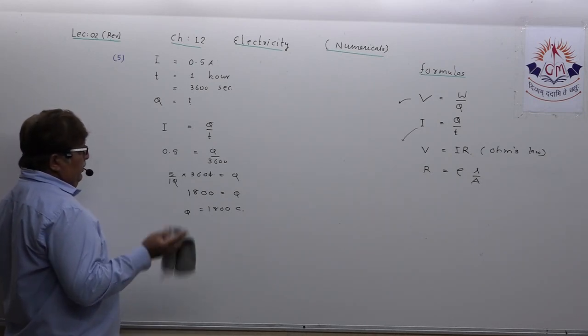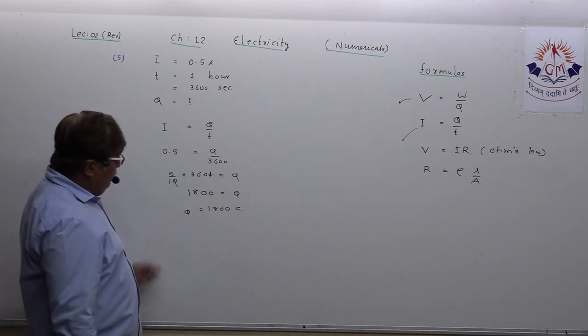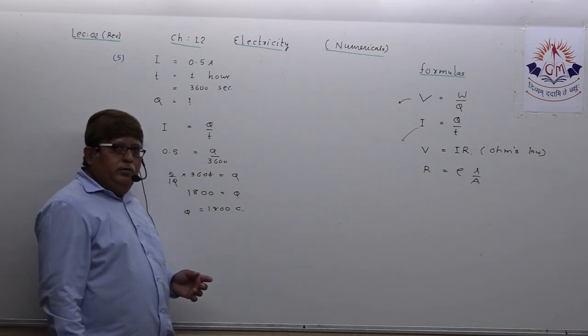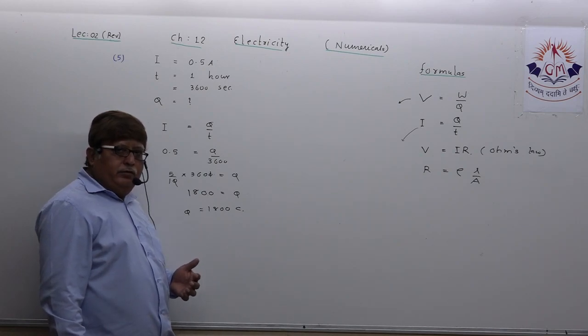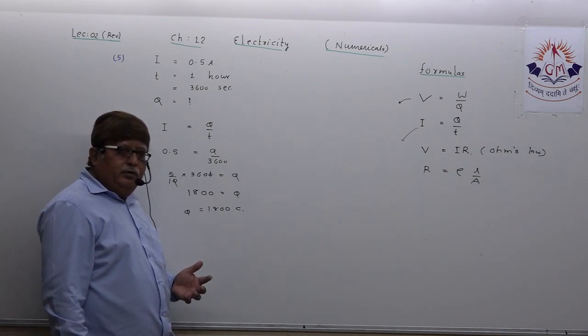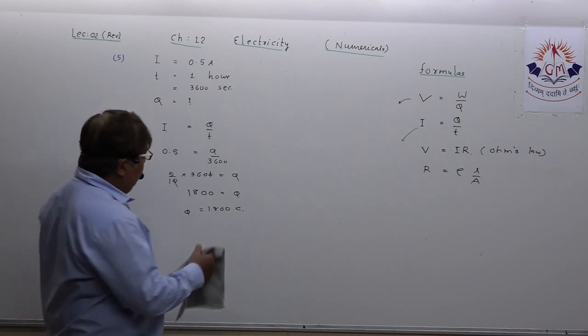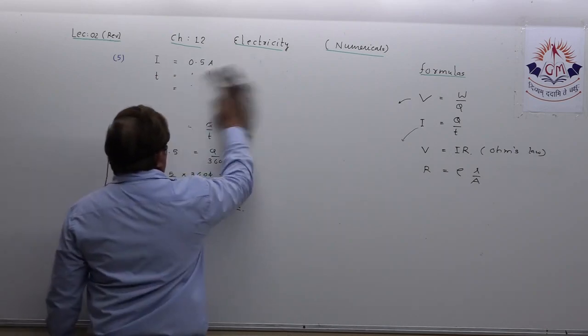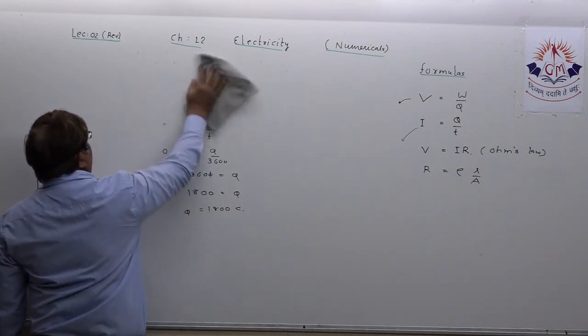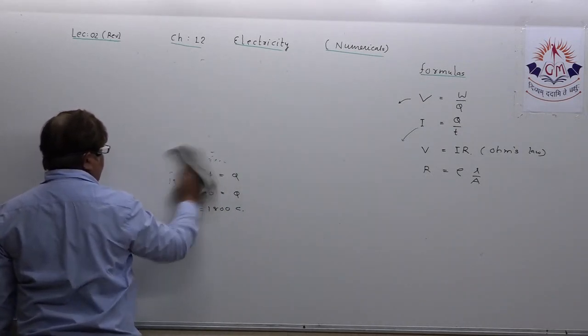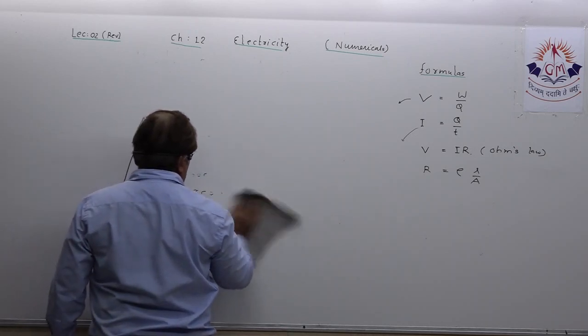Mostly my target is to solve most of the numericals here on the board as a revision, so that will enhance your strength of doing numericals. Now you see the next one.